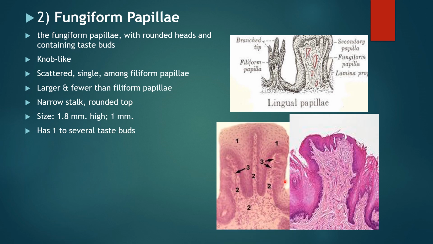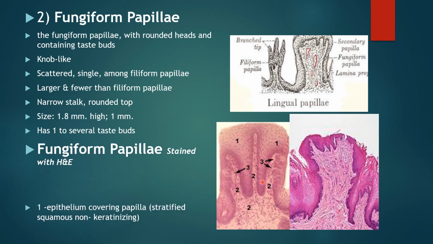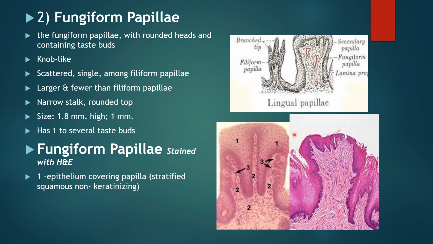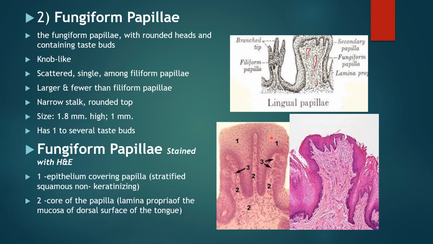Another slide, which is H&E stain section of the fungiform papilla. You can see one is epithelium, which is stratified squamous non-keratinized, two is the core of the papilla, and three you can appreciate the taste buds present over here.